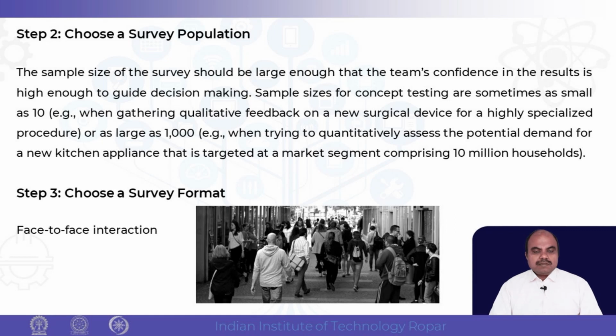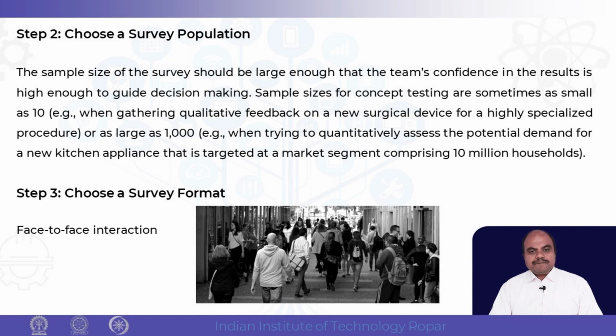Survey can be done in a group also. So there are various ways to do a survey, and there are some statistical reasoning and rules for this also. We will not go much into this one, but the main thing is that we are going to get this survey done.